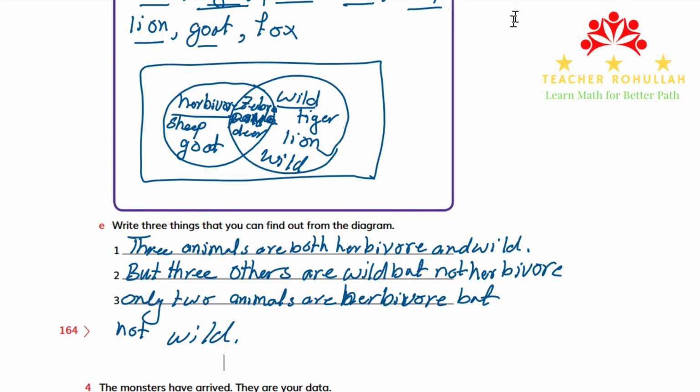So these are the three things that we found out from the Venn diagram. The first thing, we found out that there are three animals which are both herbivore and wild, and three animals that are wild but not herbivore, and only two animals that are herbivore and not wild.